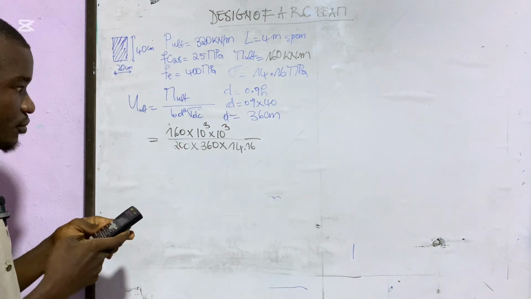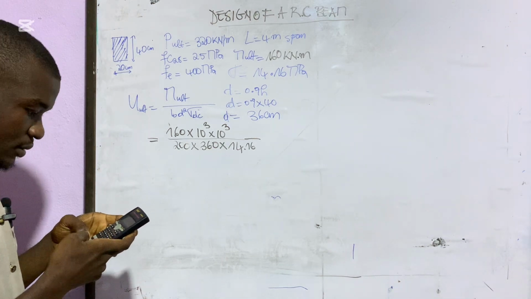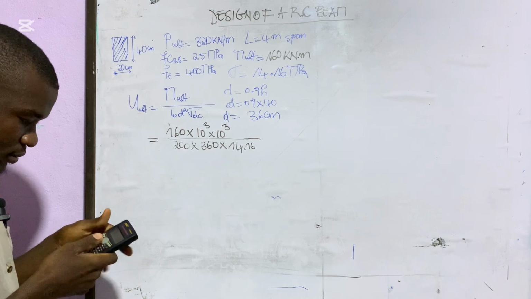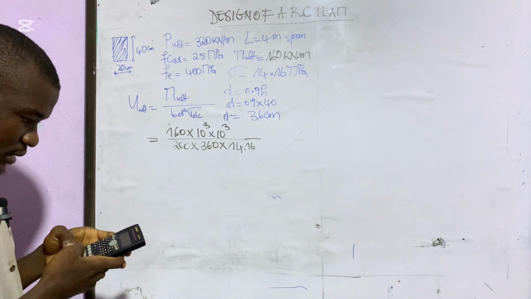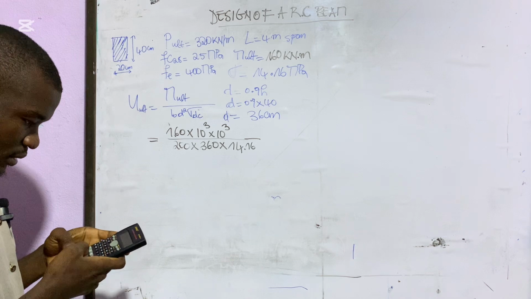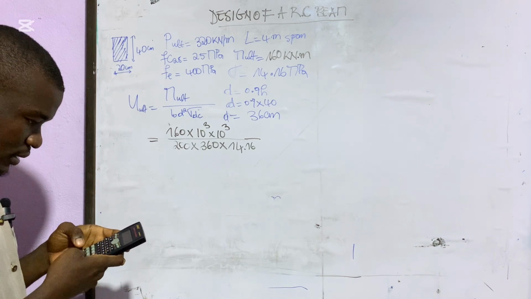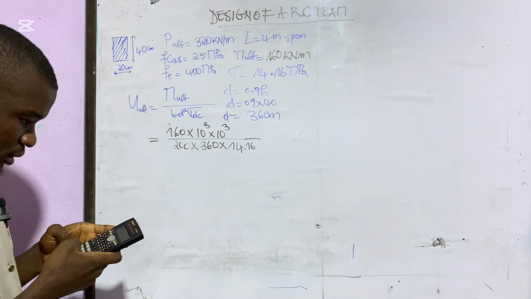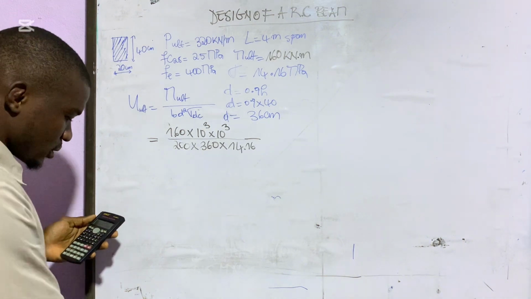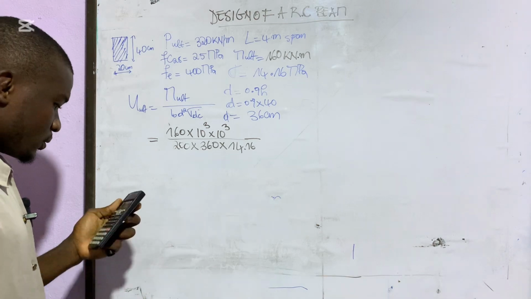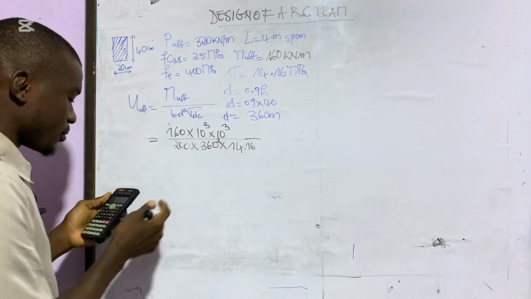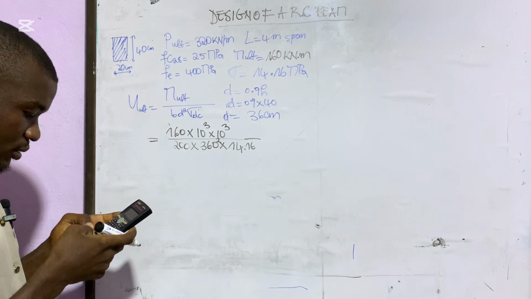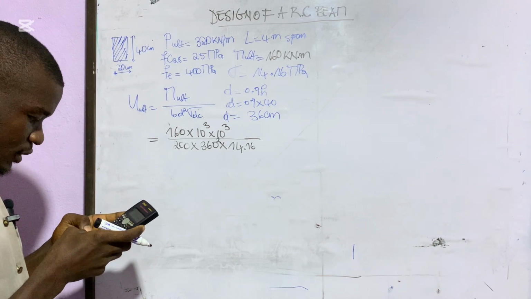So I do my numerical application: 160 times 10 to the power 6, divided by 200 times, remember this is square here, 360 square, times 14.16.